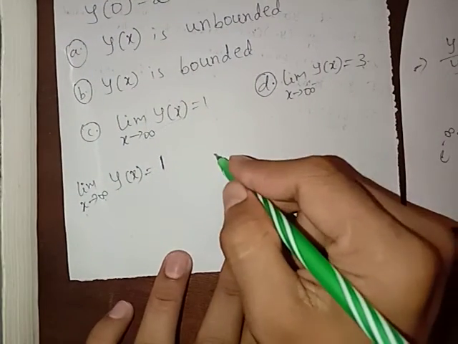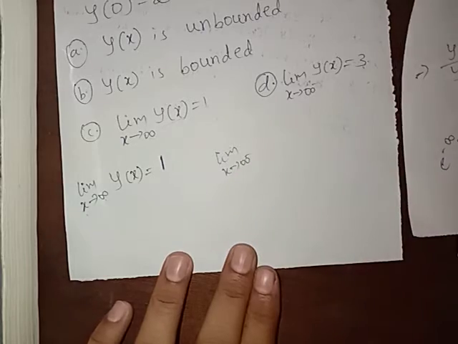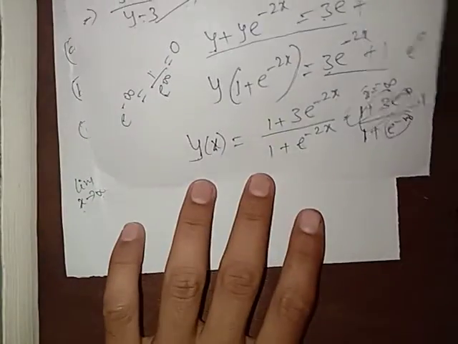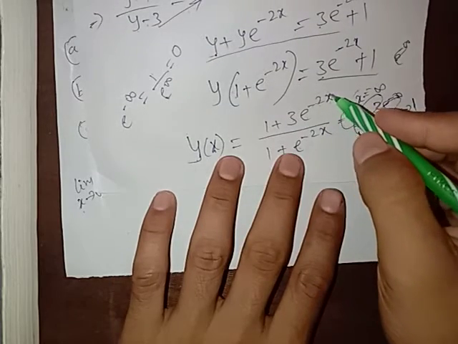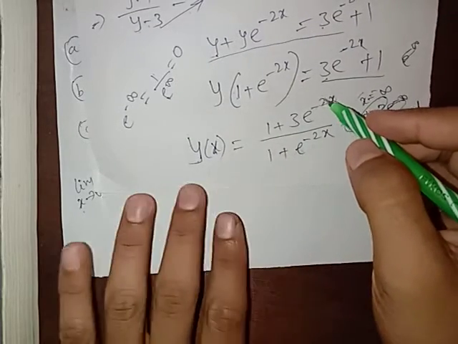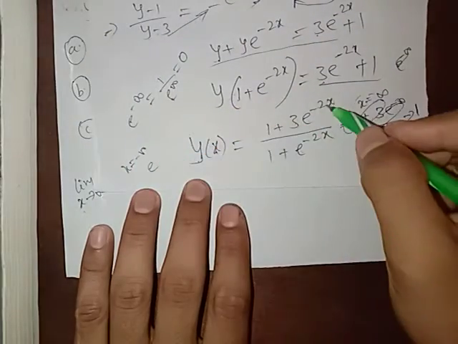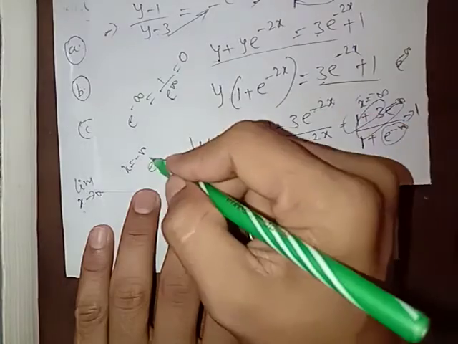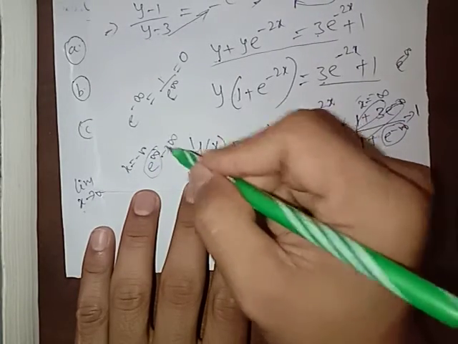If limit x tends to minus infinity, what does it become? Here we have minus 2x. If we put minus infinity in the place of x, then exponential of minus 2x becomes exponential of plus infinity, which is infinity.